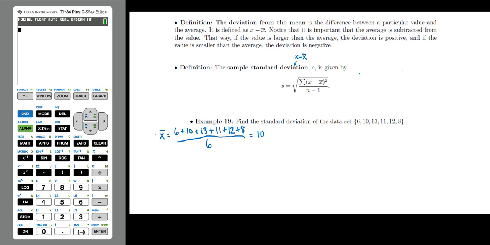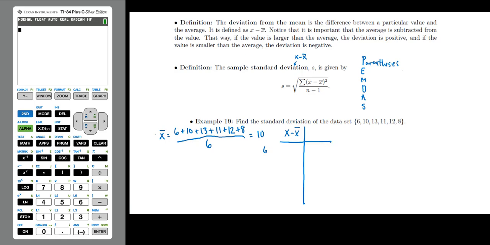Now, looking at this formula, if you remember, perhaps a long time ago, when you have lots of things to do in a formula, you should follow the order of operations. And remember, P stands for parentheses in the acronym PEMDAS, and we have parentheses. So what I like to do is make a little table. I'm going to go through each one of the values and compute its deviation from the average.